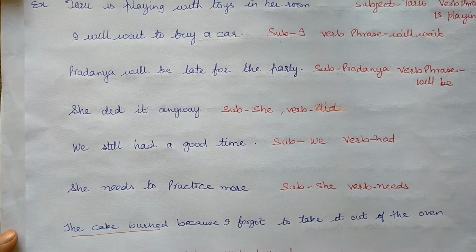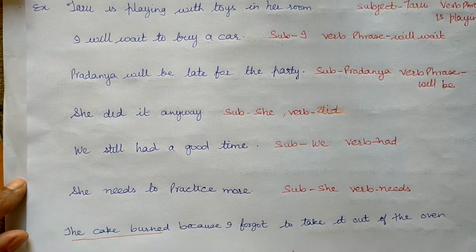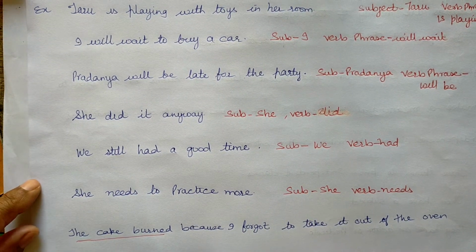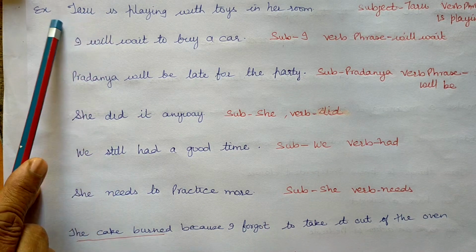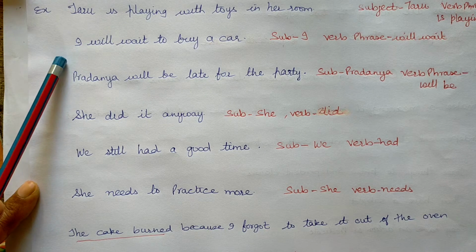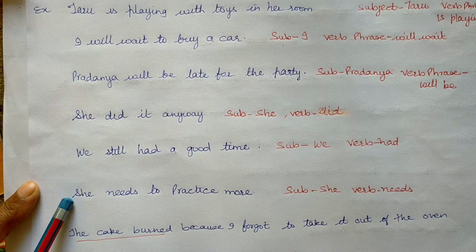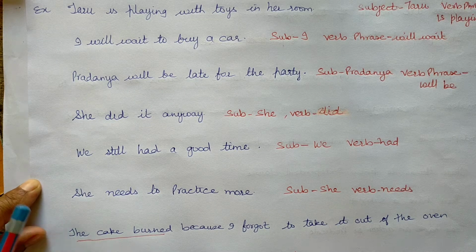So for independent clauses, we know that there is a subject and a predicate or verb. Here, for example, the subjects are Taru, I, Pradanya, she, we, she, the cake.